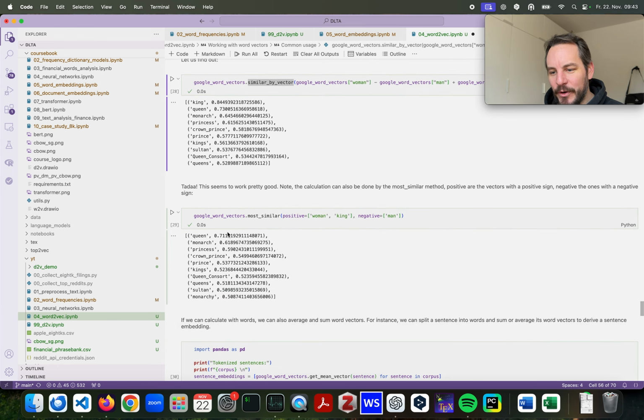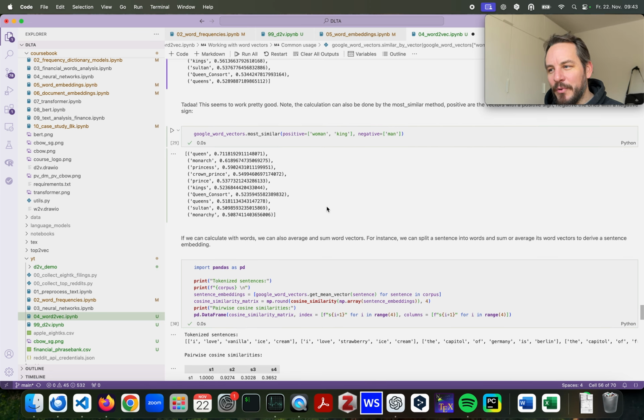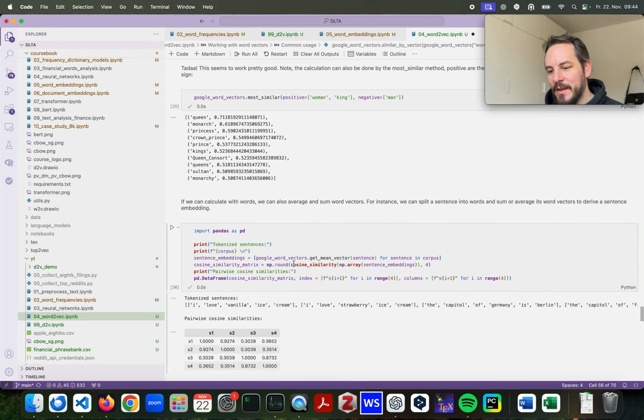And here now it works, and the difference is that this is using the normalized vectors, which is better and numerically more stable. But that's the point here. The real spectacular thing is that we calculate with the vectors, and the vectors behave as the words behave in our natural language. They have very similar relationships. That is the spectacular thing here, okay?